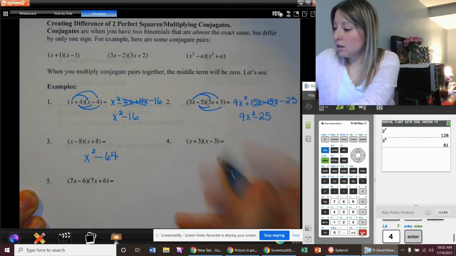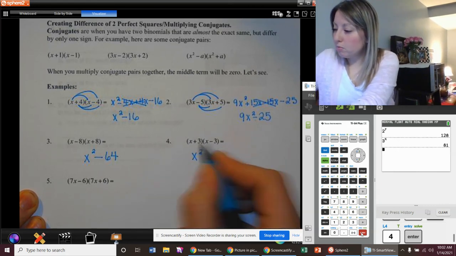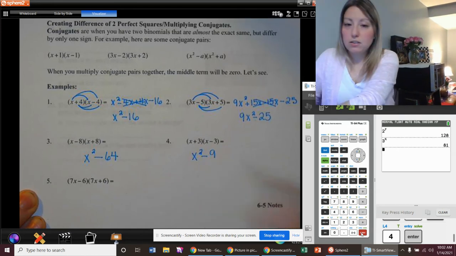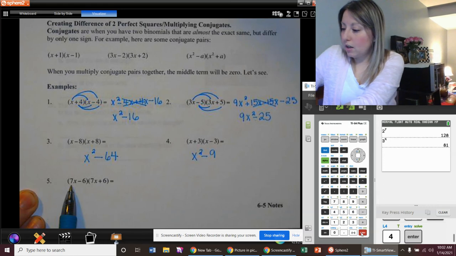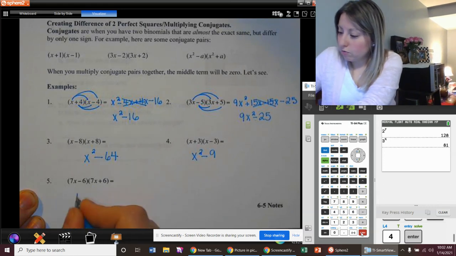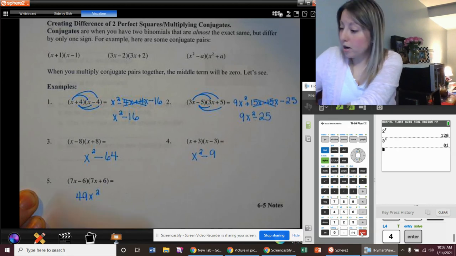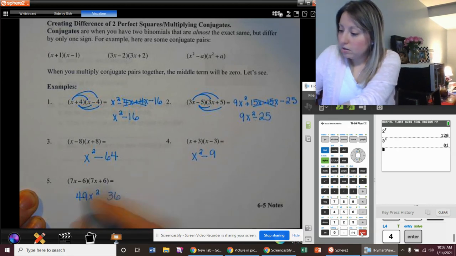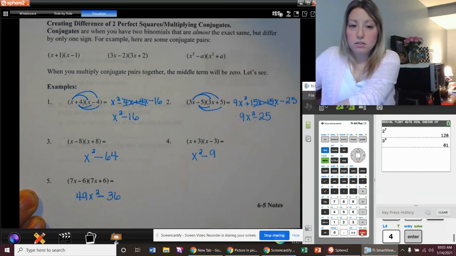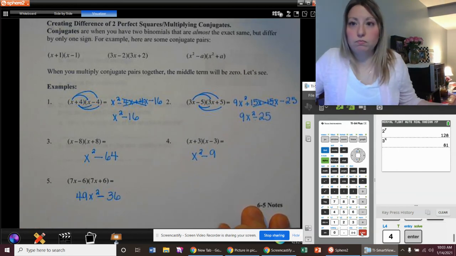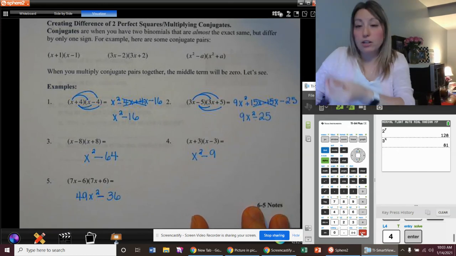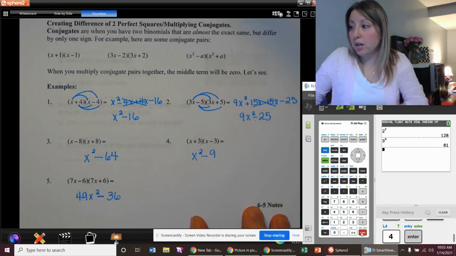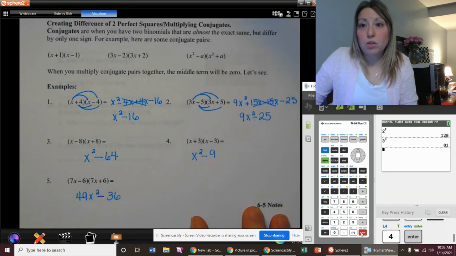X times x is x squared. 3 times 3 is 9, with a minus sign in between because the middle terms will cancel out. 7x squared is 49x squared. 6 squared is 36. Different signs, so subtract. The middle had canceled out. When you see that situation, that's what you can know was happening.